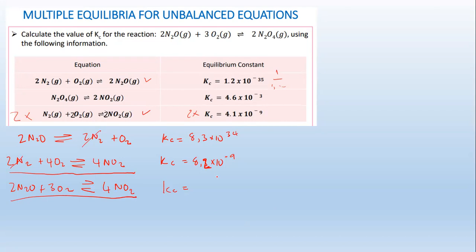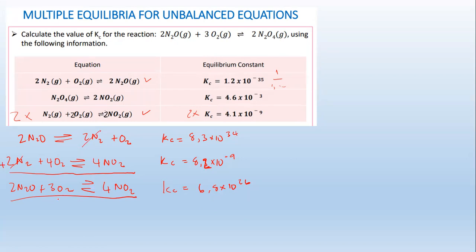And then, if my calculations are correct, we get 6.8 times 10 to the power 26 as the Kc value of this equation. Remember, we got this Kc by multiplying this Kc with that Kc because we added two equations. Because we added these two equations, we multiply these Kc values to get this.